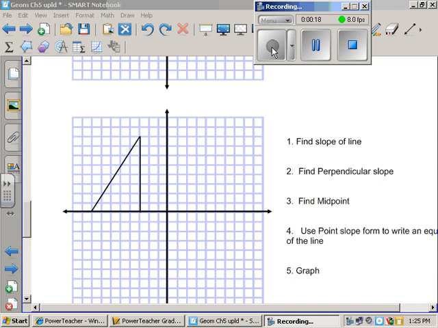One is if you're going to find the circumcenter of a triangle on a graph, remember the circumcenter is the concurrence of perpendicular bisectors.